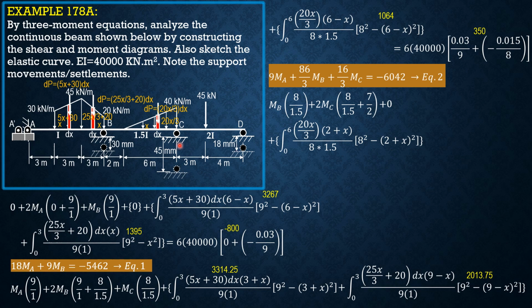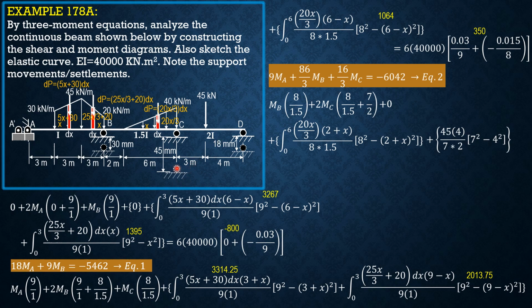That's A, 2 plus x, while the value of 6 area 2b over I2L2 for span CD is 45 times 4 over 7, PB over L, quantity 7 square minus 4 square, then divided by 2. So 45 times 4 over 7 times 2, quantity 7 square minus 4 square, then equals 6 times 40,000.